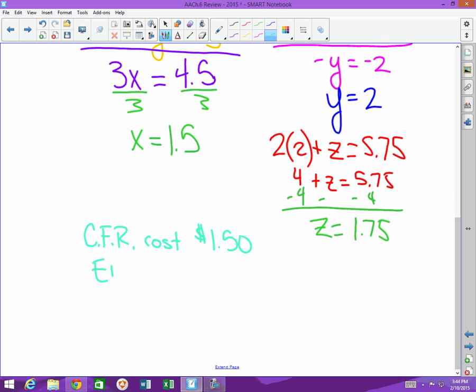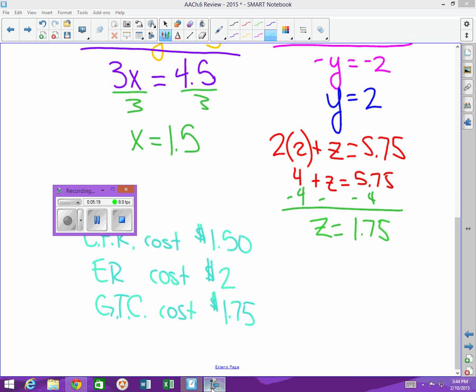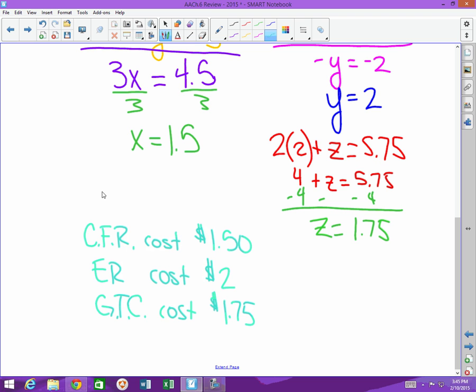The egg roll cost is $2, and the General Tso's chicken will cost $1.75, and then you're done. All right then, moving on to the next question.